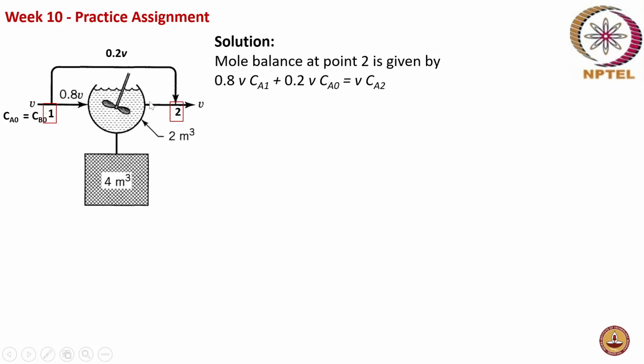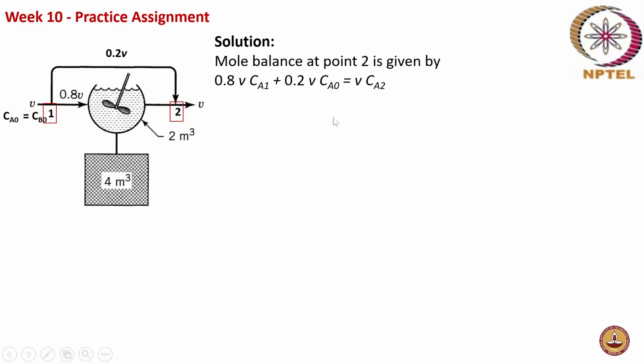So here, at the mixing point, we can take the mole balance. 0.8 V volumetric flow rate comes out with a concentration of Ca1, plus from the bypass point, whatever moles we get is 0.2 into V into Ca naught.